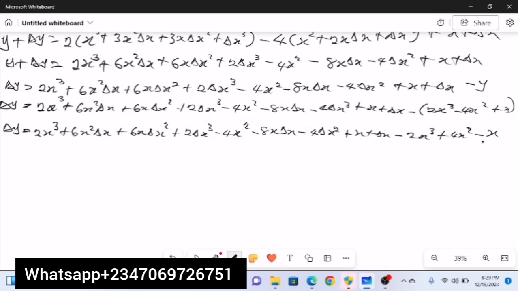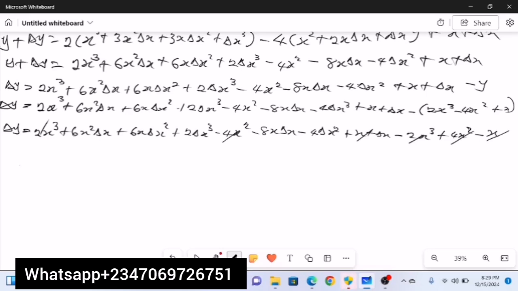So let's strike them. 2x cubed cancels minus 2x cubed. Then I have minus 4x squared, that cancels plus 4x squared. Finally I have plus x here, this cancels minus x, right?